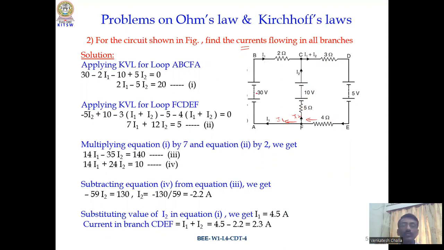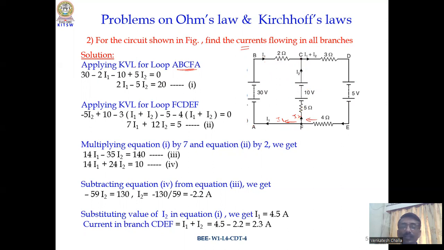Okay, so now we can write a KVL. Applying KVL to the loop A, B, C, F, A. Whenever you have more than one loop or mesh like this, write down the KVL equations for the two meshes separately. So for this mesh, I will get 30 minus 2I1 minus 10.